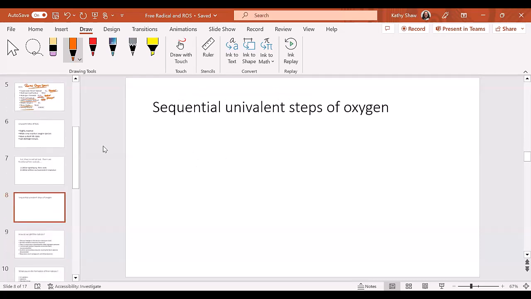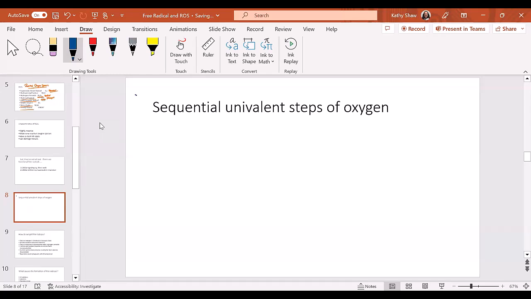Okay, so we've got some sequential steps that drive this whole thing. So we're going to go through the reaction, go through the steps, and just look at electrons getting added. Because like we said, this is reduction and oxidation, gaining electrons, losing electrons.